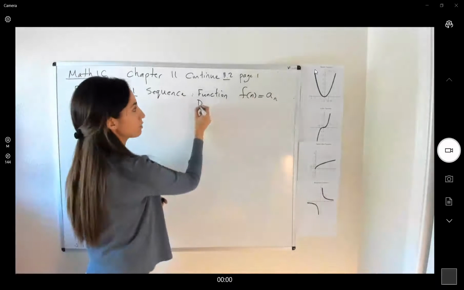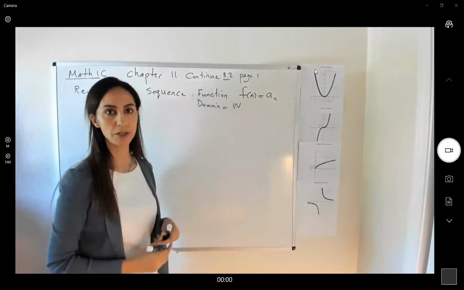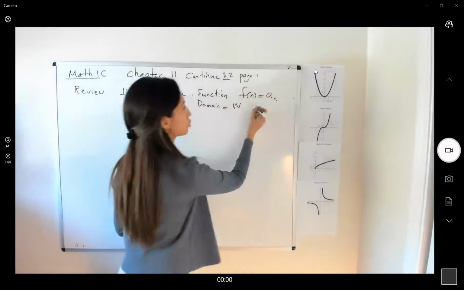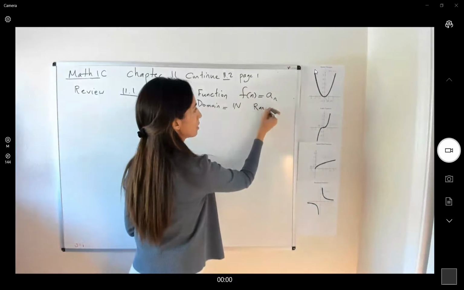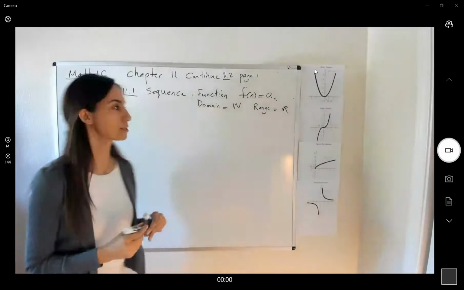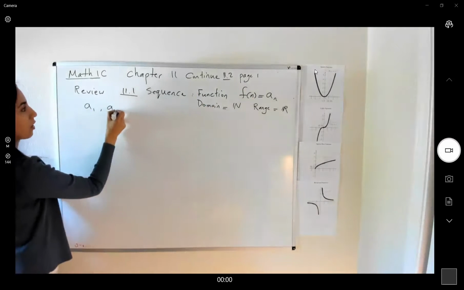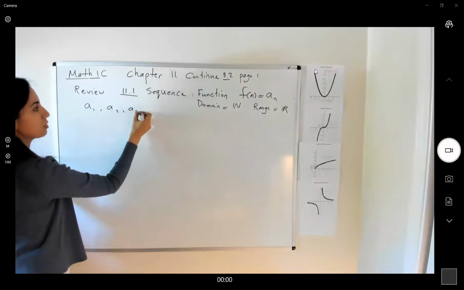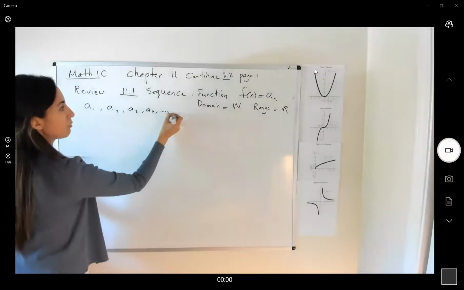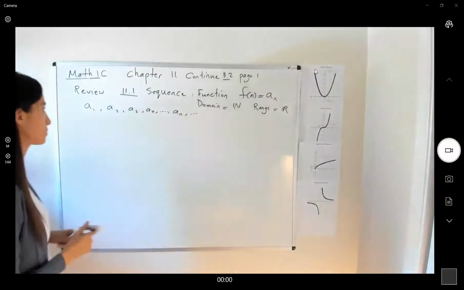And the domain of this function is the natural numbers, counting numbers, and usually the range is a subset of real numbers. So we learned that the terms of the sequence are a sub 1, a sub 2, a sub 3, a sub 4, and the general term is a sub n.